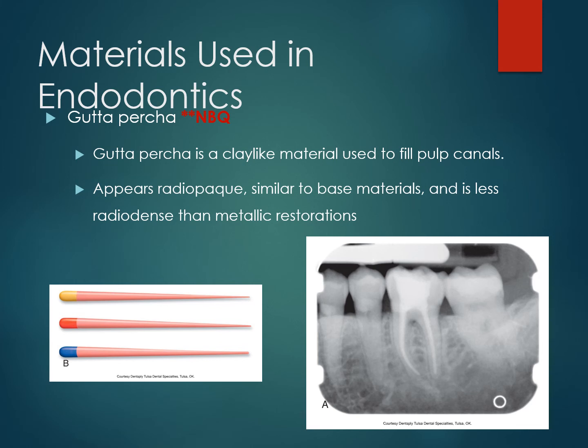They're a little squishy, a clay-like material that you stick down into the pulp canal once the pulp canal has been completely cleaned out, and they appear on an image radiopaque, similar to the base materials, but it's not as dense as metallic restorations, which we saw when we looked at that post and core. Remember how the gutta percha was not as dense or as radiopaque as the post and core was, and that's what this whole section down here looks like.